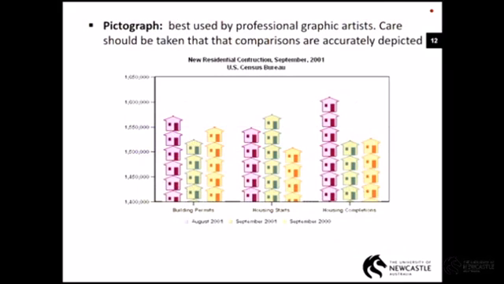There's another type, a pictograph. Not great stats. That's actually a really bad graph, or it's deceptive. But this is the sort of thing we see in newspapers all the time. It's not inaccurate, but this to me says, okay, we're talking about new residential construction, and here I'm looking at housing completions.